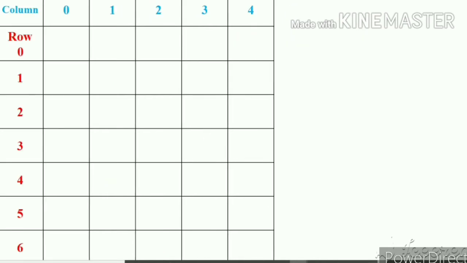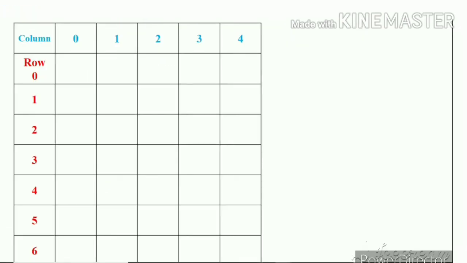So let's see here, when the row equals 0, it will print in row 0 and columns 1, 2 and 3. That means when the column is greater than 0 and less than 4, then only it will print the 3 stars in columns 1, 2 and 3.